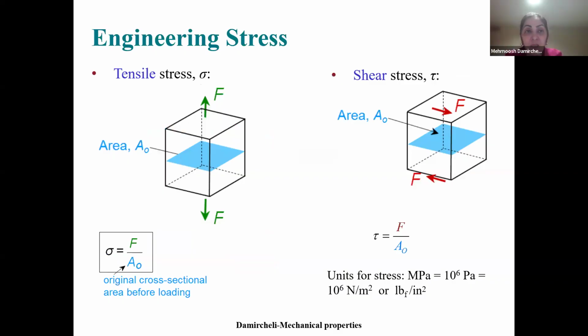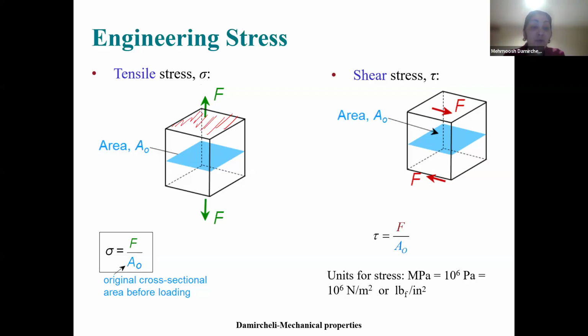Engineering stress. Engineering stress is calculated using the original or initial cross-section area, such as A naught that you see here. You know that when the structure is under loading, this cross-section is not fixed and constant; it changes over time.